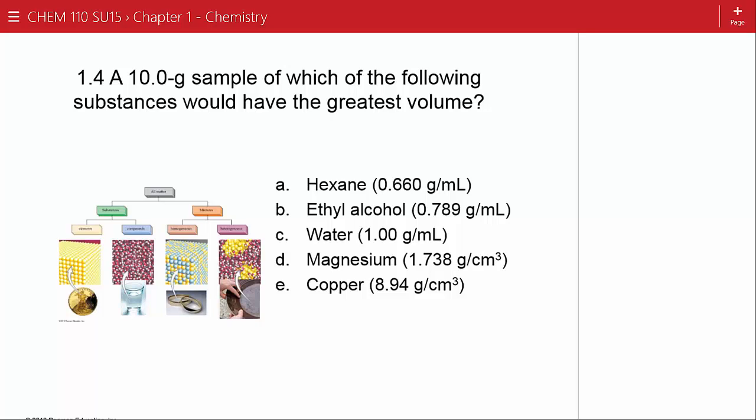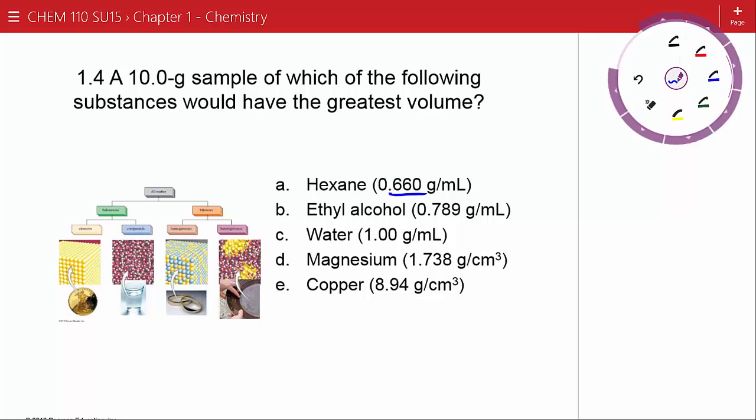So in this case, which one would take up the most volume? Hexane in this case, because if we look at it, its density right there is actually the smallest value. The more dense something is, the smaller the space it takes up. So in this case, hexane, which has the lowest density, takes up the greatest volume, excuse me.